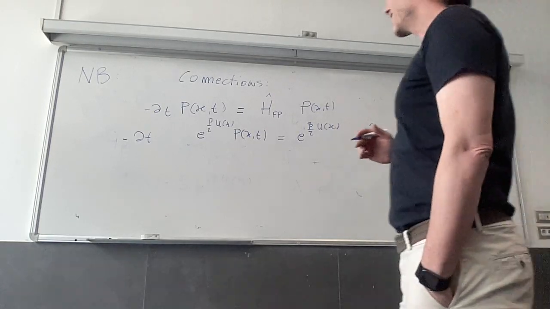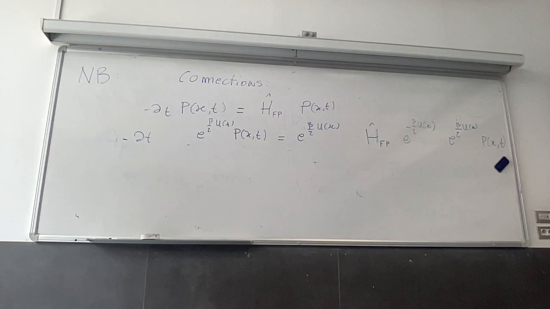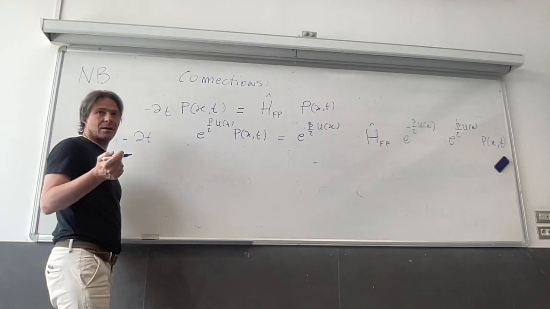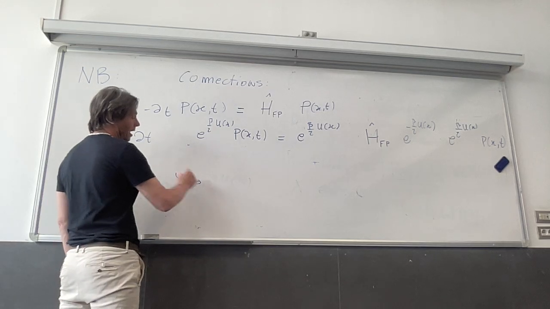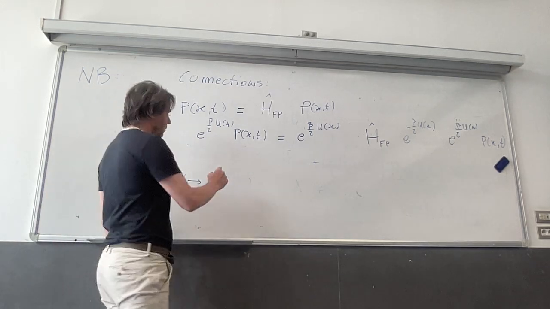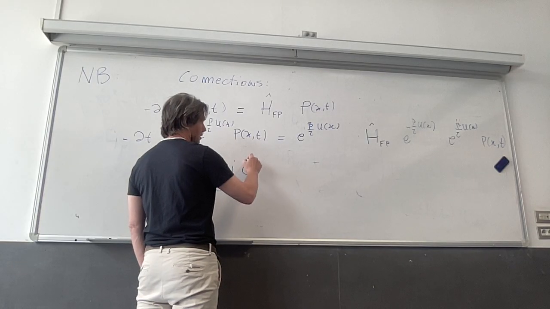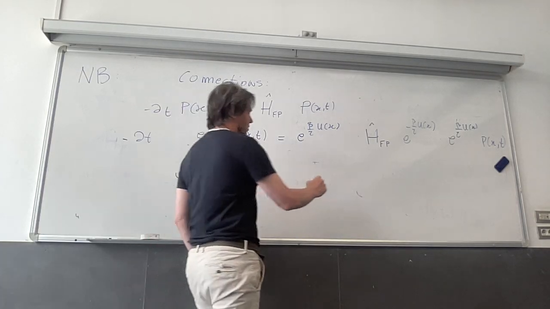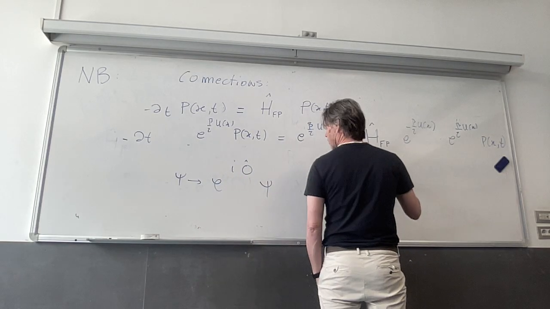Well, this is kind of a familiar mathematical manipulation, because in quantum mechanics, we have often done similarity transformations or unitary transformations, in which we take the wave function, for instance, the gauge transformation is one of them, right? Where we multiply by, say, a phase of a Hermitian operator. And then we transform the Hamiltonian accordingly.